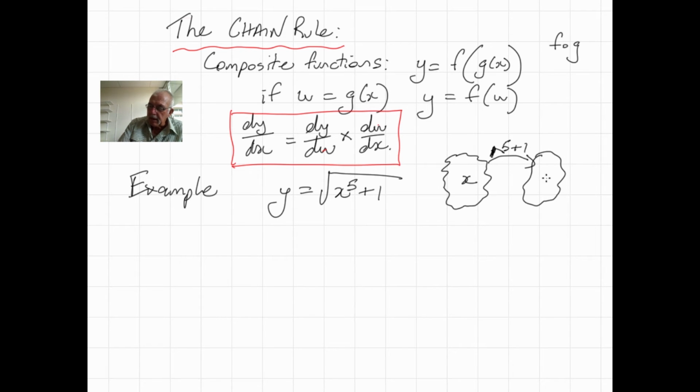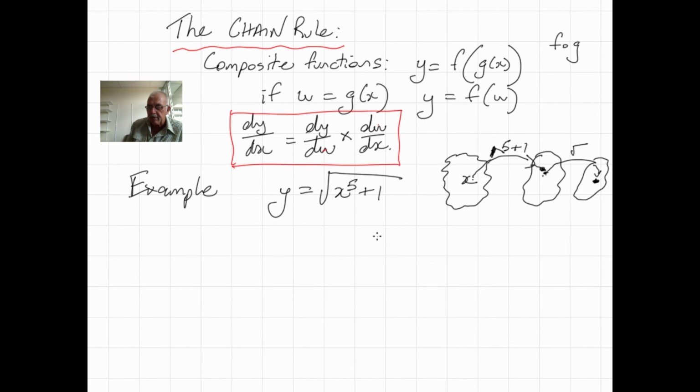Then we would get that value as an input, and we would find the square root of whatever that is, and we would get another point here. So we've mapped point x using to the power of 5 plus 1, and then we found the square root of that. So this can't be confused with a product going on.